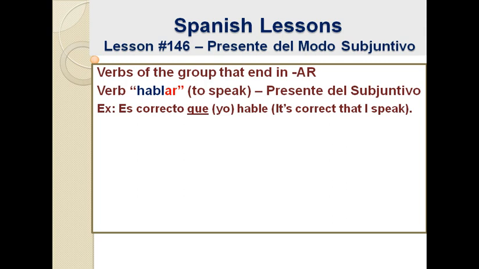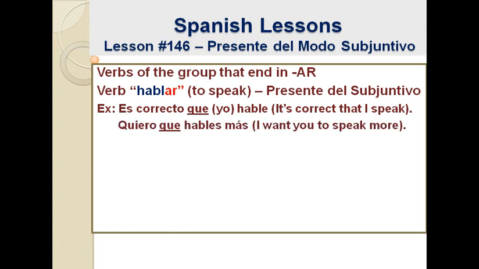Hable, the verb hable is conjugated in presente del subjuntivo. Que, you see the word que that translates as that in English. Que is a word that usually goes in this conjugation tense, okay? So here you have another example. Quiero que hables más. I want you to speak more. Or I want that you speak more.